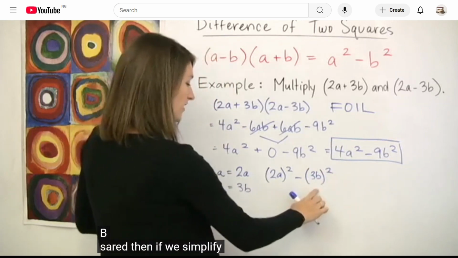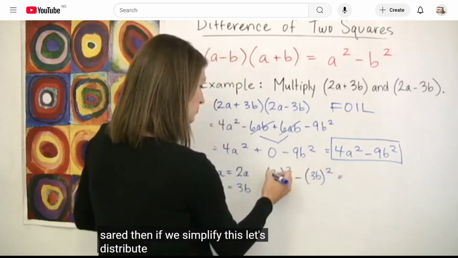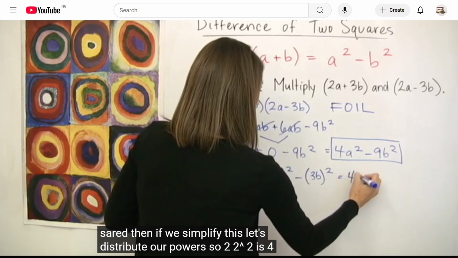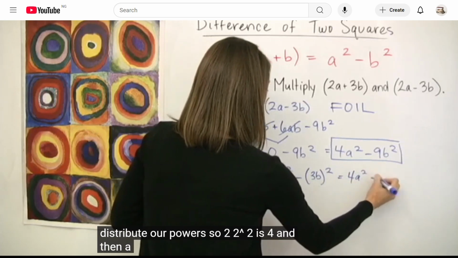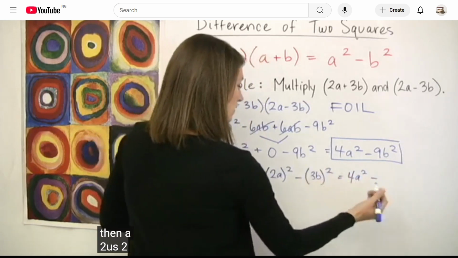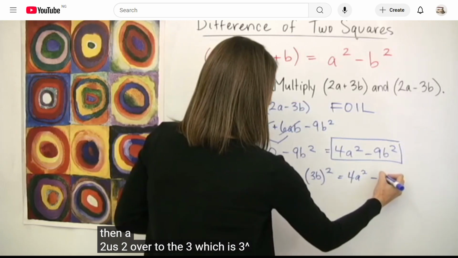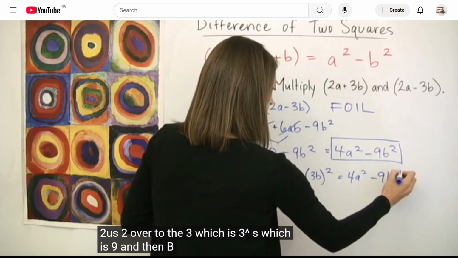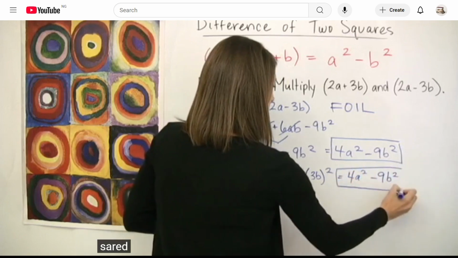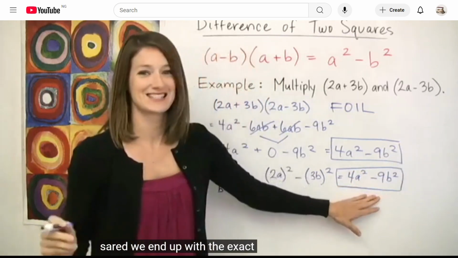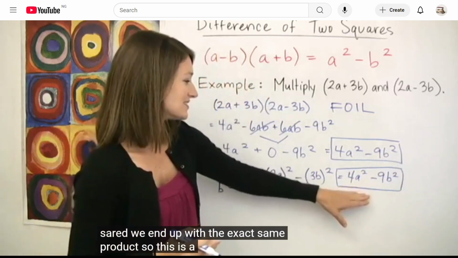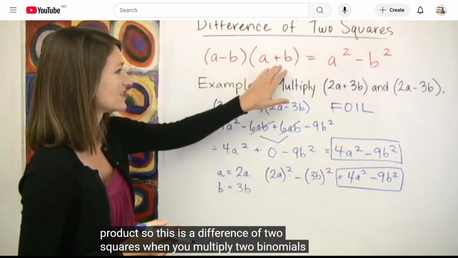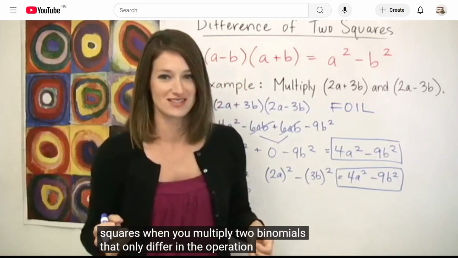Then if we simplify this, let's distribute our powers. So 2 squared is 4, and then a squared minus, over to the 3, which is 3 squared, which is 9, and then b squared. We end up with the exact same product. So this is a difference of 2 squares when you multiply two binomials that only differ in the operation symbols.